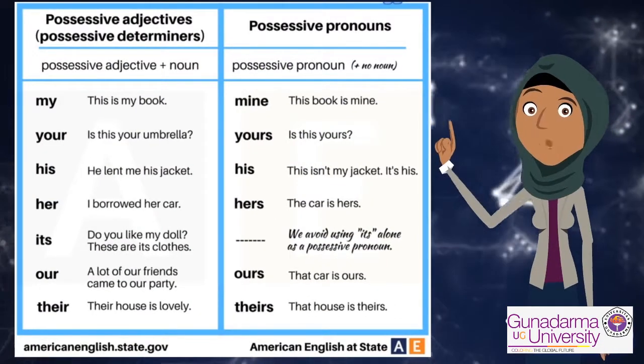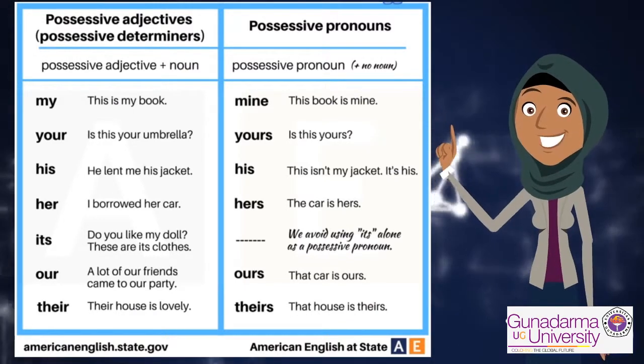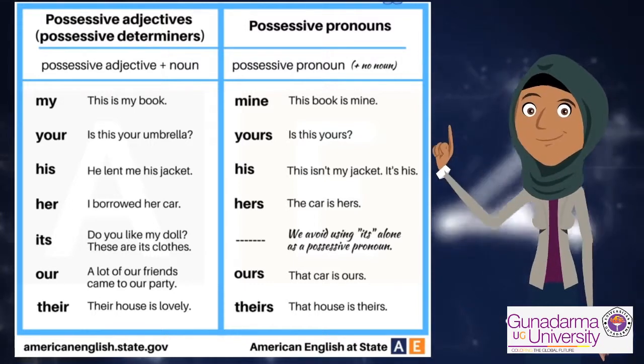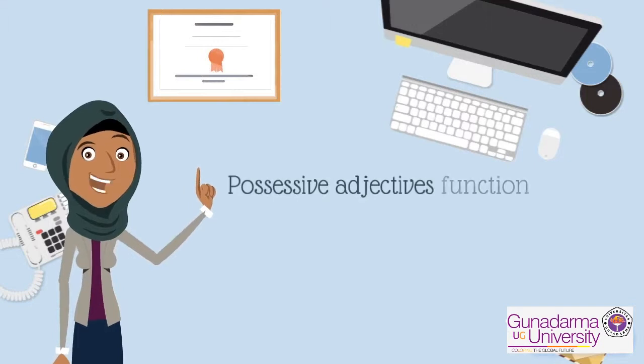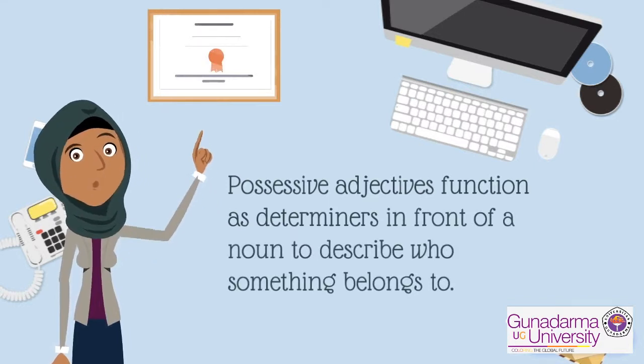Here is the list of possessive adjectives and possessive pronouns. Possessive adjectives function as determiners in front of a noun to describe who something belongs to.